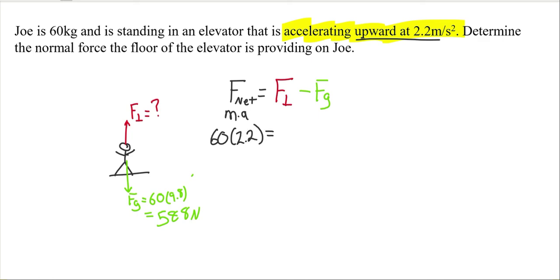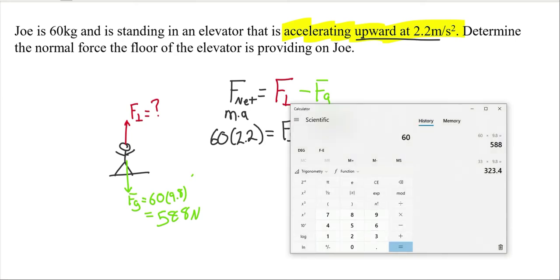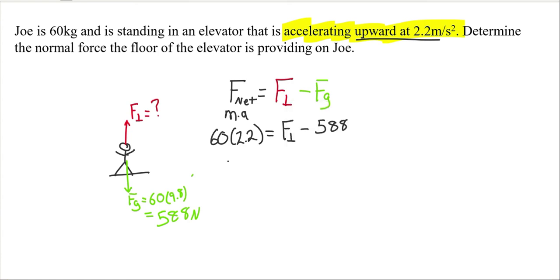That equals our unknown normal force minus the force of gravity, which we know is 588 because we calculated it earlier. So I'm going to calculate what 60 times 2.2 is. We see it's 132. 132 is equal to the normal force minus 588. And if you're wondering how do I solve this, or what algebra we do, we see that it's being subtracted by 588.